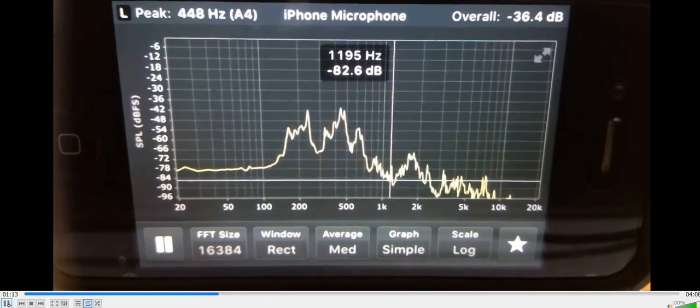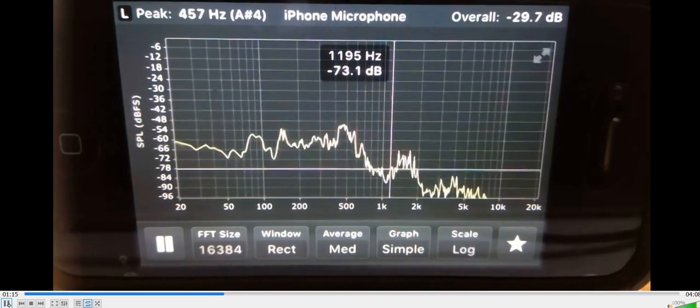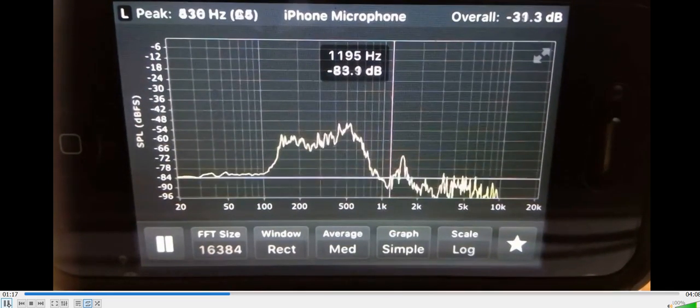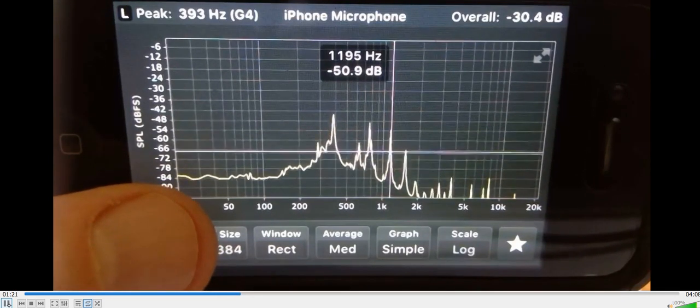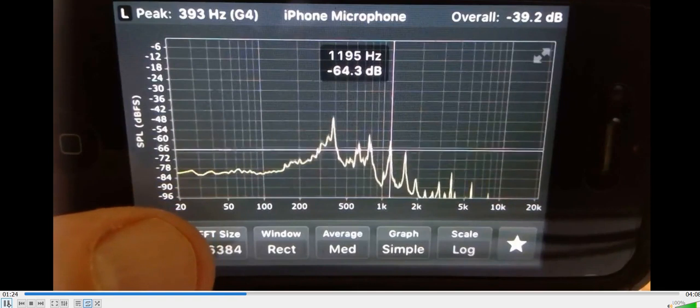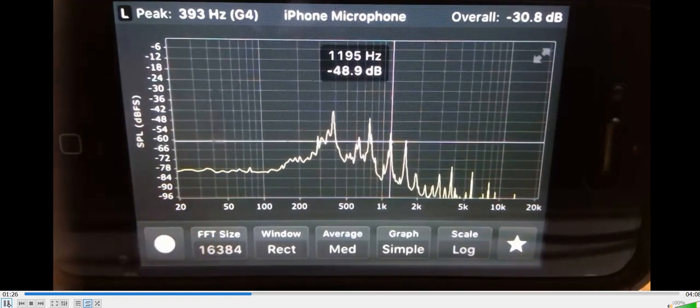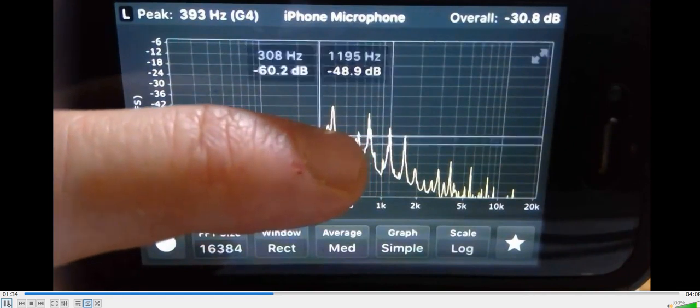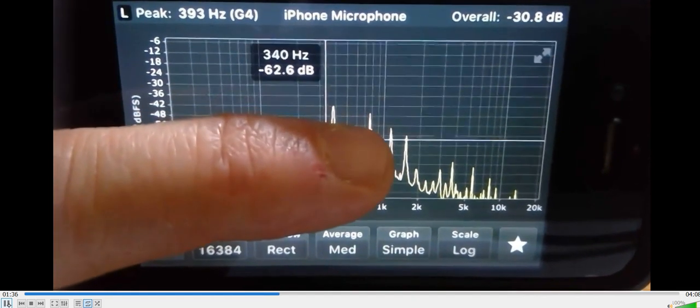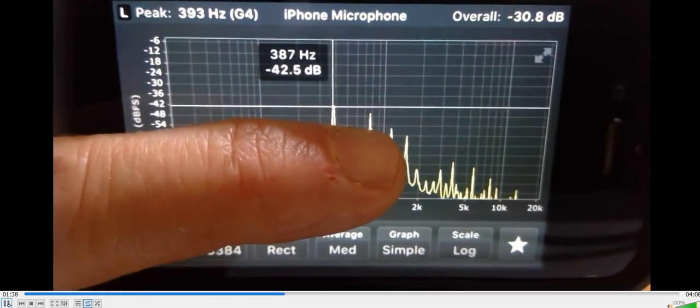You'll see many spikes there, and let's analyze that. Let's take a look. Let's listen to it. And now that we've frozen it, what we can do is just touch the screen and figure out the frequency of each of these.